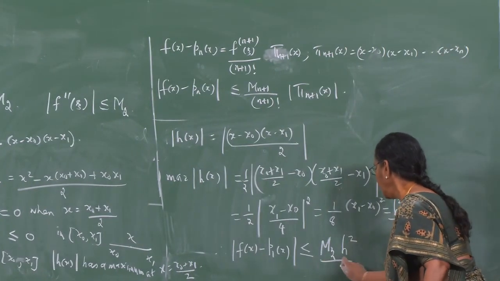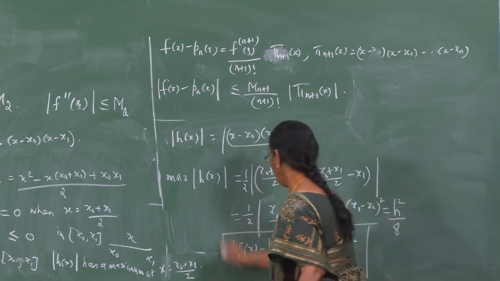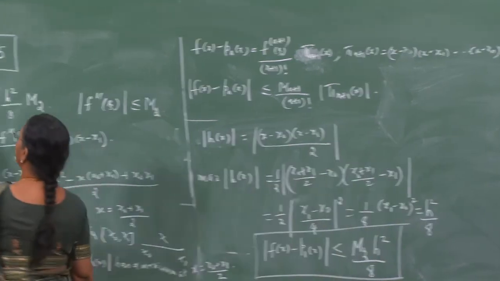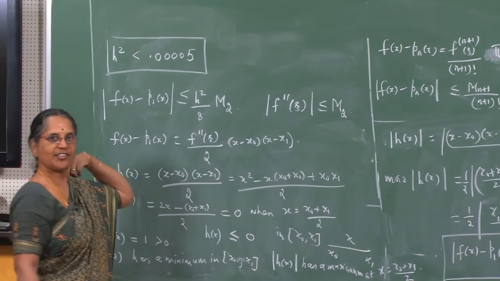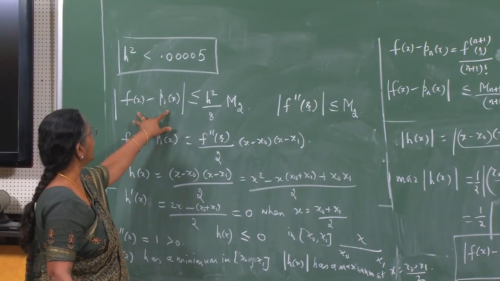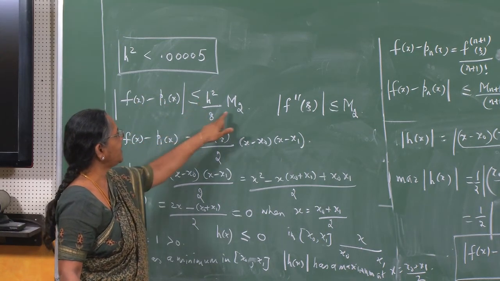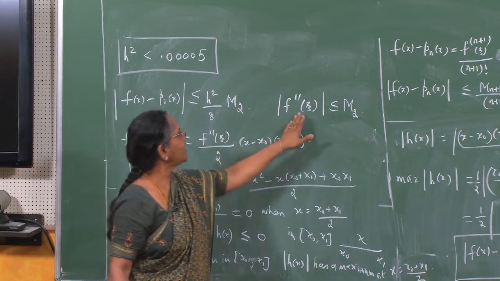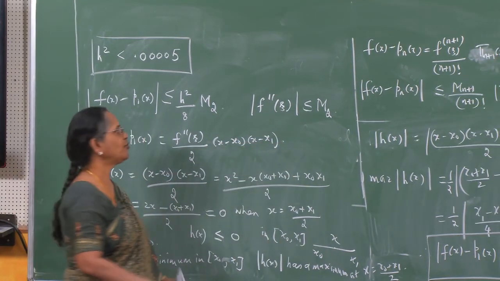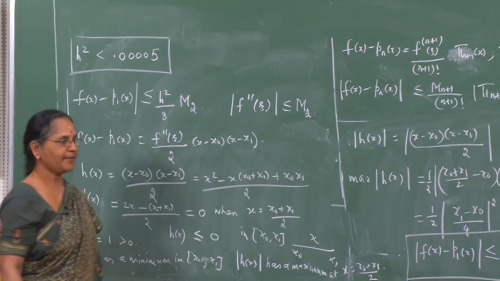So, into h square by 8, and this is what we wanted to show. So, the error bound in linear interpolation is such that the absolute value of the error is less than or equal to h square by 8 into m2, where modulus of f double dash of psi is less than or equal to m2 for psi in the interval x naught to x1.